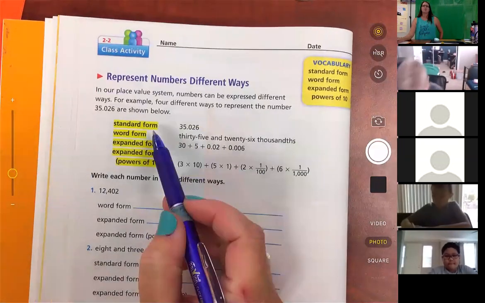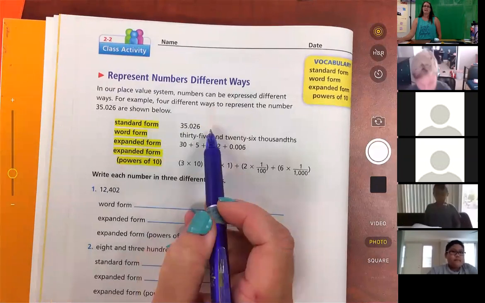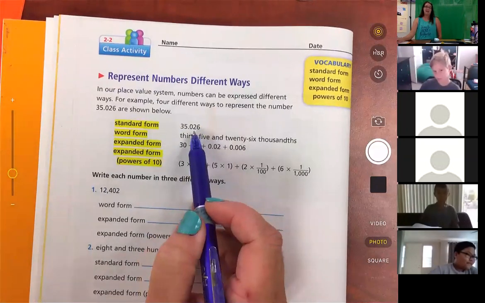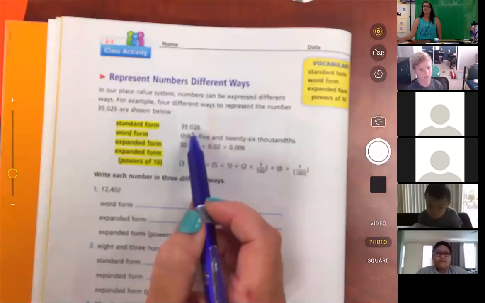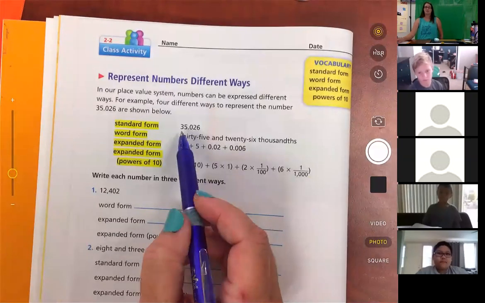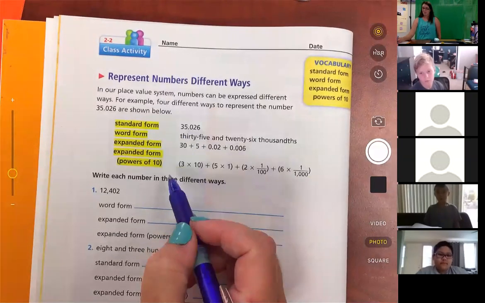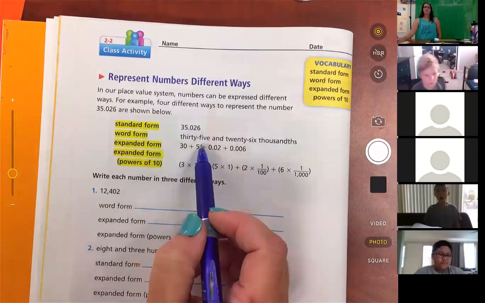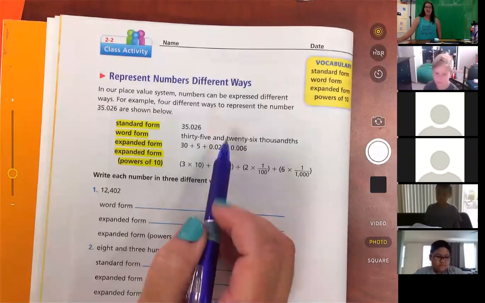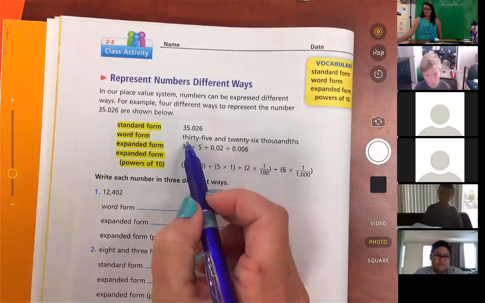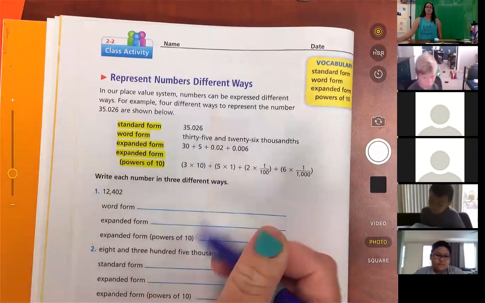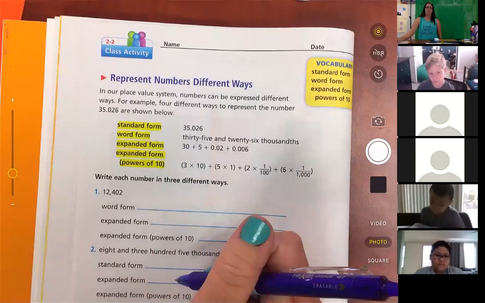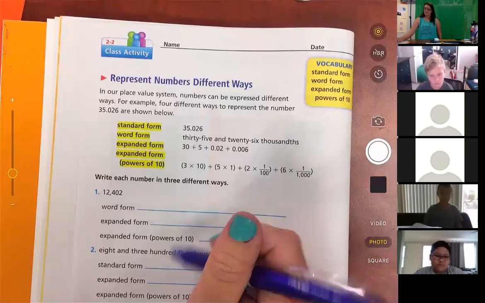Our standard form is just writing out the number as we would for a math answer normally, right? It's just the numbers, the decimals, whatever we need for that. Word form is when we actually put it into words. And yes, you need to write out the numbers also. We don't do shortcut word form where you get to write the number in number form.